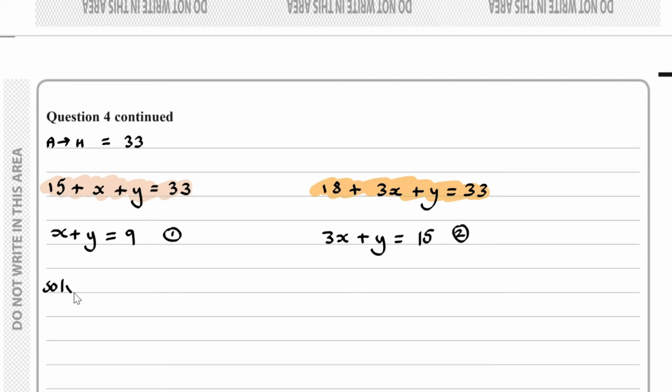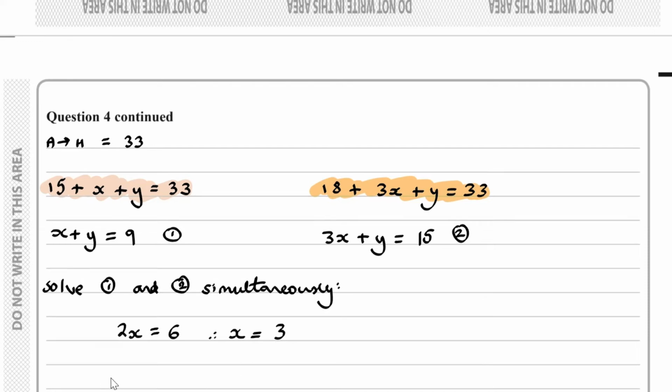And if we solve equation 1 and equation 2 simultaneously, then 3x take away x, that's 2x, 15 take away 9, that's 6, 2x is 6, x is equal to 3, and when x is equal to 3 we have 3 plus y equals 9, and therefore y is equal to 6.